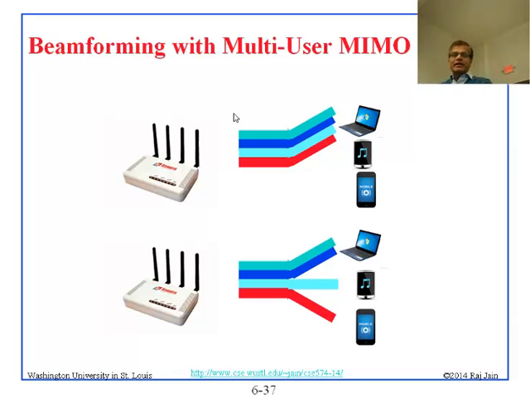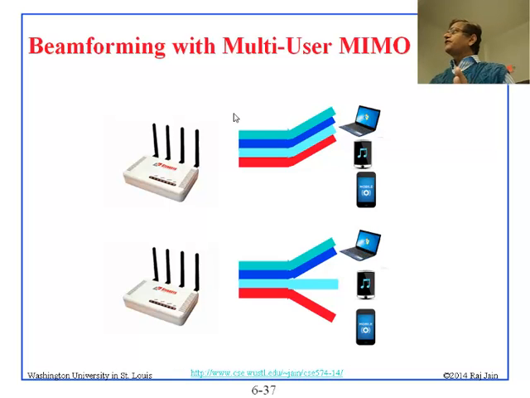Now you can do both beamforming and multi-user MIMO. This one shows all four streams going to one device. This would be beamforming. This one shows beamforming with MIMO: two streams going there, one stream going there, one stream going there. Now, I prepared this picture and then felt that people might get confused by the colors.